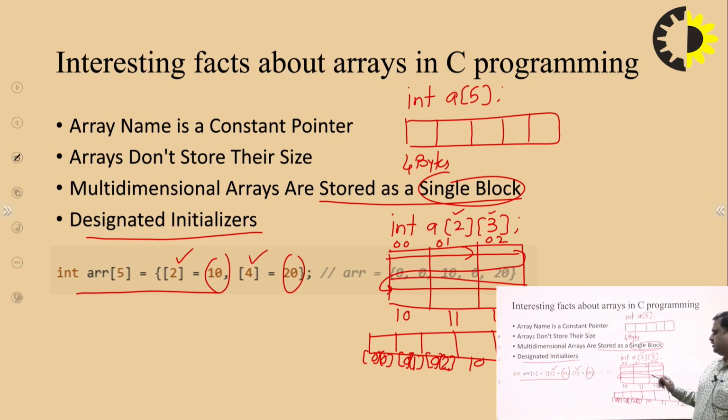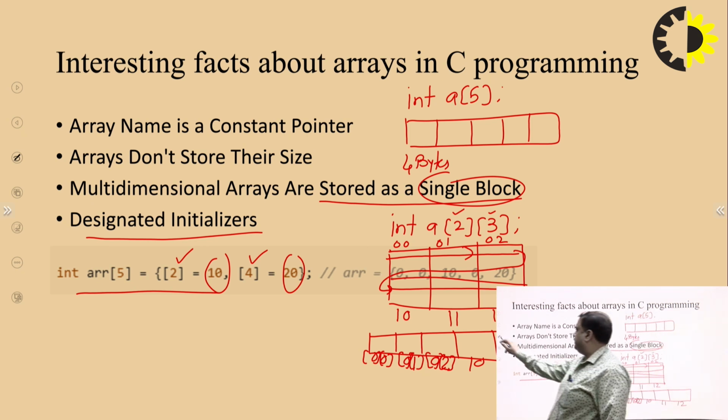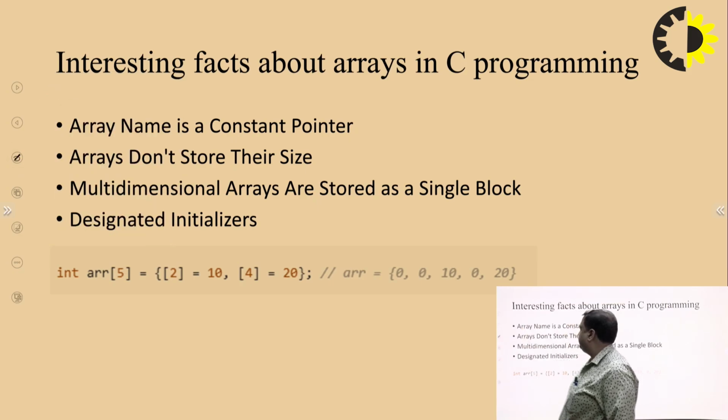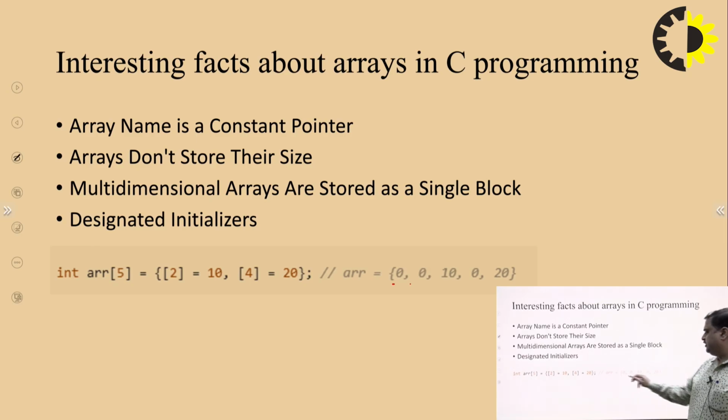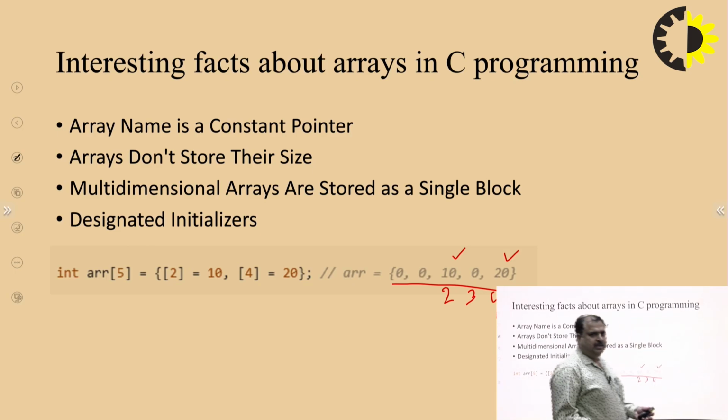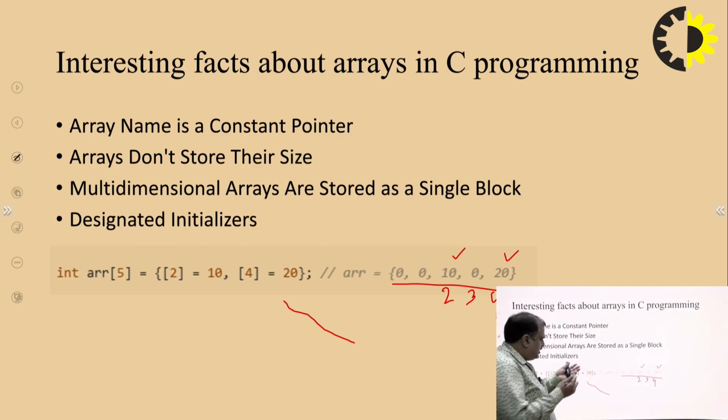Here you can see at index 2 the value is 10, and at index 4 the value is 20. So what we are doing is providing a value designated for that particular location.